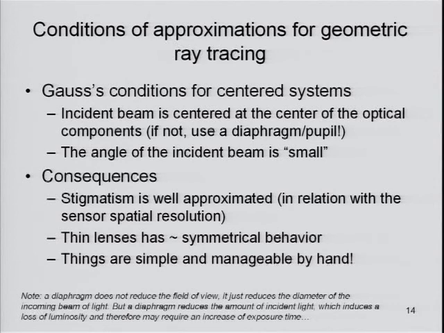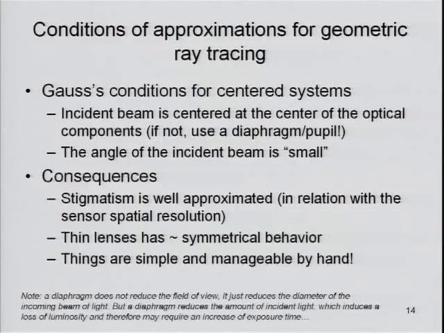The second assumption is that the incident beam of light is pretty small, so plus or minus 10 to 15 degrees. Again, it depends on the quality of the picture that you want. So the consequence is that under these two assumptions, our system can be considered as relatively stigmatic. But again, it's related to the spatial resolution.